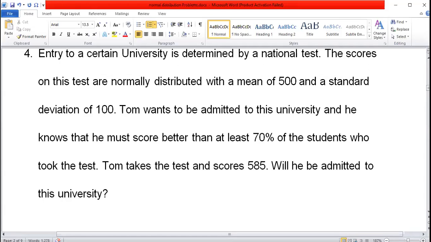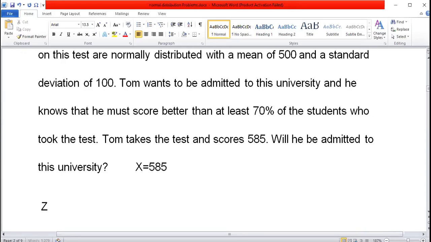So first, you are converting this 585, which John got in the test. So x equals 585 minus 500, you are converting this score into z.